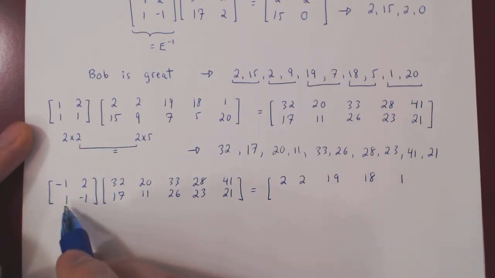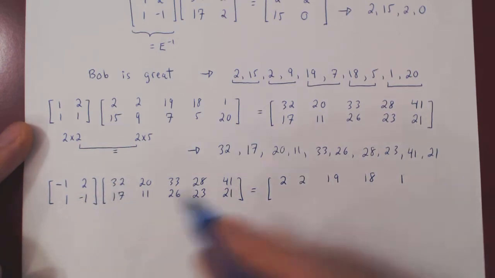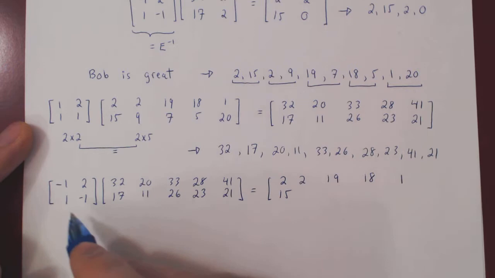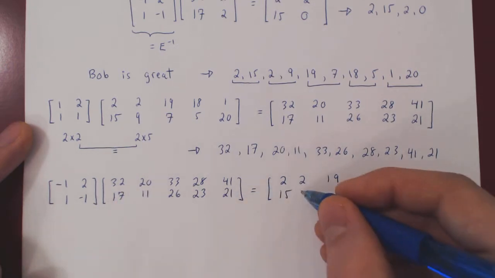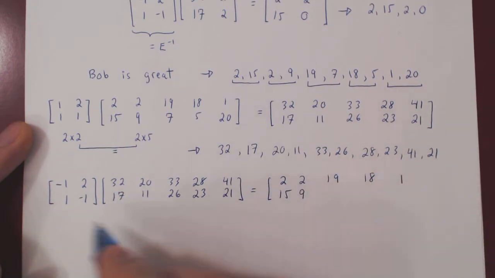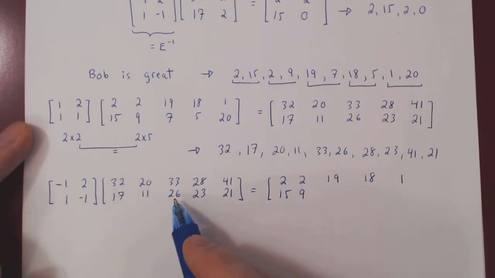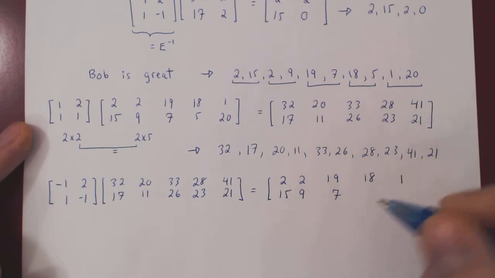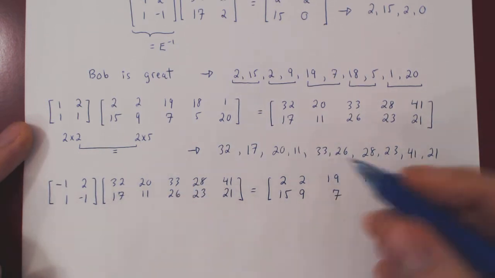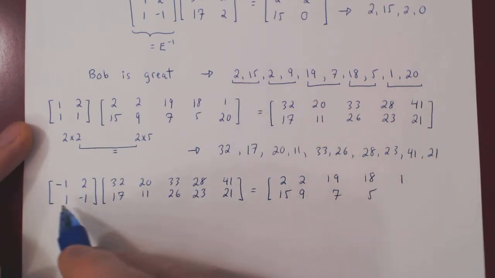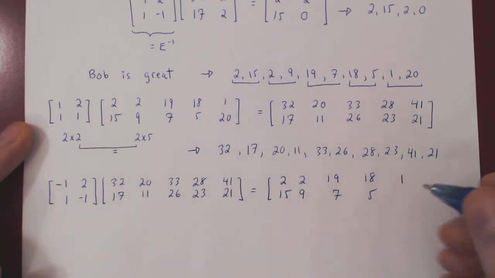Second row, 32 minus 17, 15. 20 minus 11, 9. 33 minus 26, 7. 28 minus 23 is 5. And 41 minus 21 is 20.